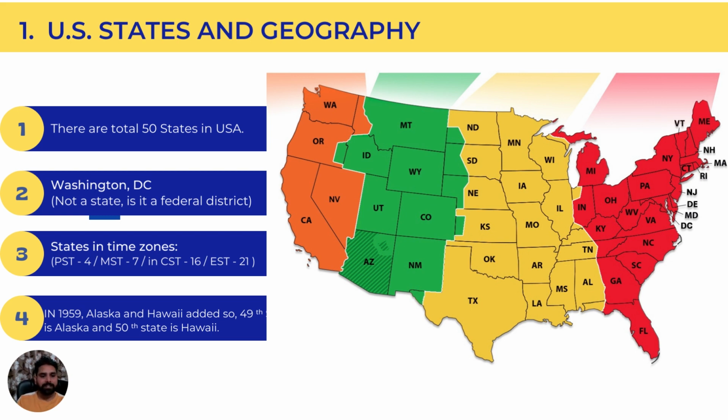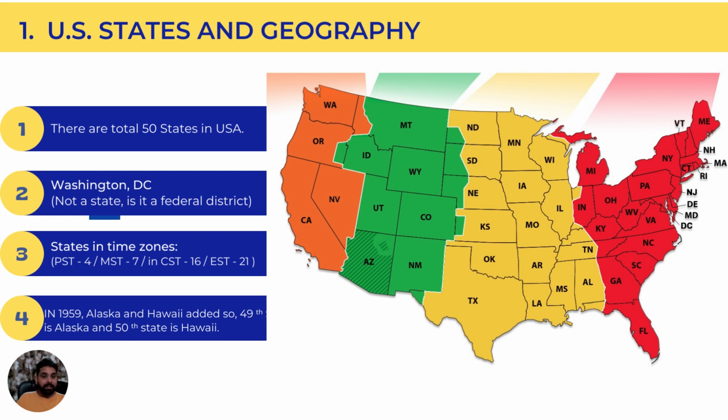There are 4 states in the Pacific time zone, 7 states in the Mountain time zone, the green one, 16 states in the Central time zone, and 21 states in the Eastern time zone, with 1 federal district. It is also located in the Eastern time zone.